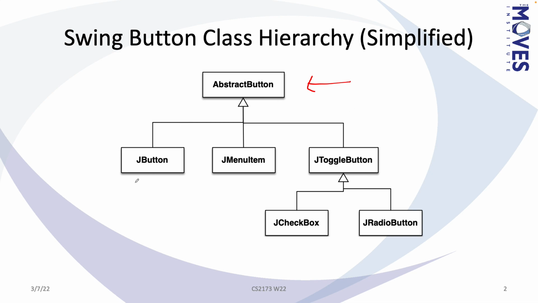Okay, so we've already looked at the JButton. And it turns out that when you think of things like a menu, that is pretty much just like a button. So the menu itself, you click on it, a little thing pops up, and you click on one of those, and that's just like clicking on a button. So Java said, well, we're going to treat that like a button.